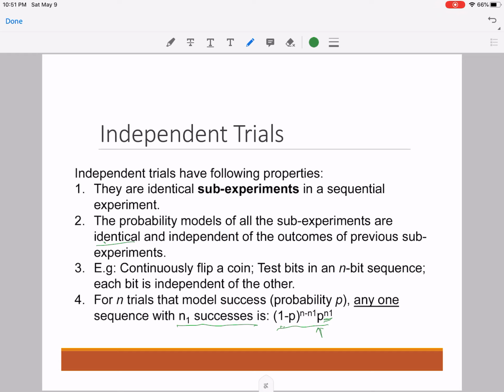Since there are n minus n1 such sub-experiments that are failing, if I were to multiply this probability 1 minus p, n minus n1 times, then I get this term 1 minus p to the n minus n1. So the probability of any one given sequence with n1 successes is going to be given by this entire term.